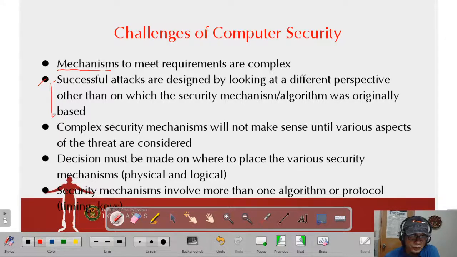However, these cryptographic algorithms depend on a random number, for example, in the generation of keys.